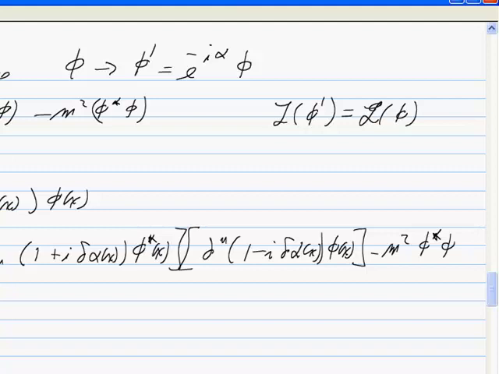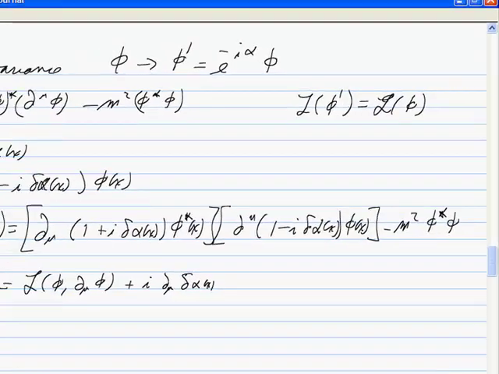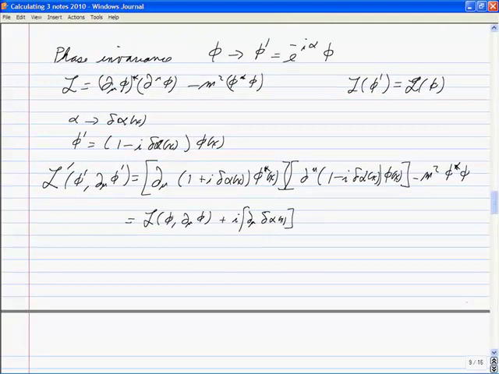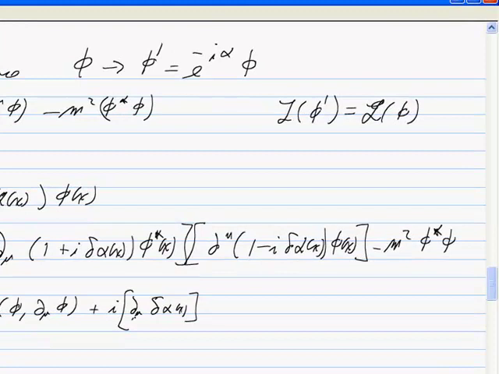So this turns back into the Lagrangian of phi, ∂_μ phi. And then there's a piece which is plus i ∂_μ δα. Okay, and we're going to collect up those pieces.